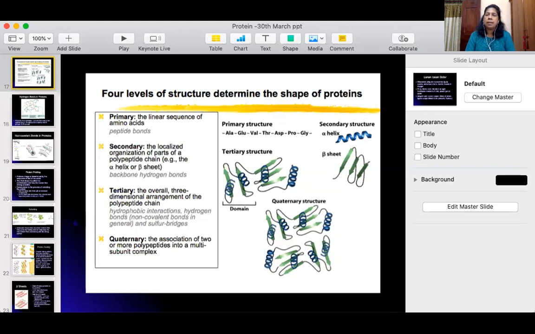So what are the features of the secondary structure? What are the features of the secondary structure? Let me know the answer.